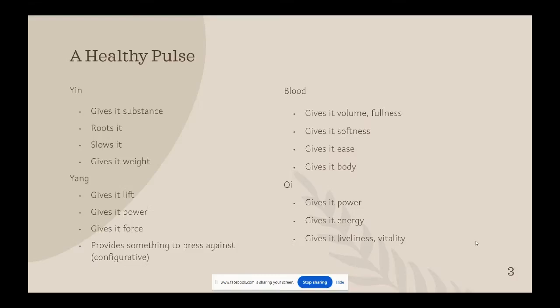It gives something to press against. And the blood gives it volume and fullness, as well as softness, ease, and body. And the qi gives it energy, liveliness, vitality. So a blend of all these things is indicative of a healthy pulse.